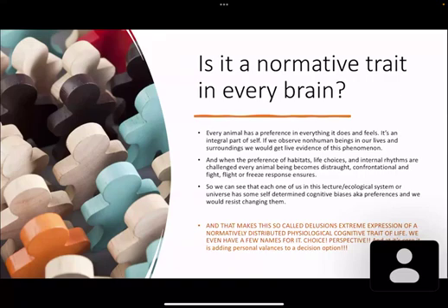We define ourselves by our cognitive bias towards something and our cognitive bias against something.